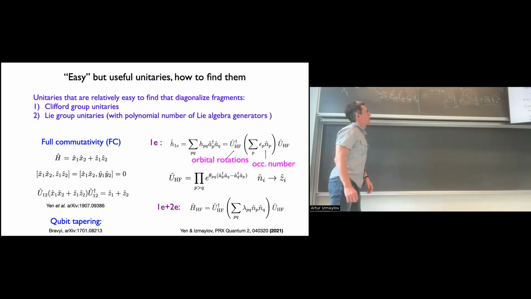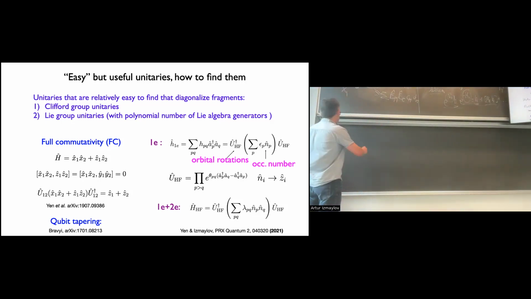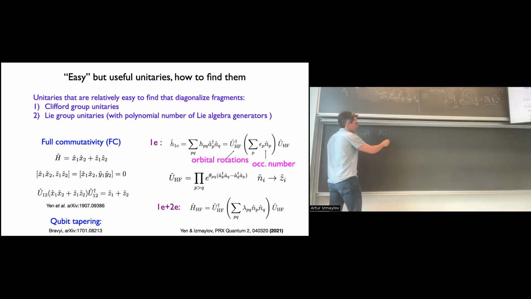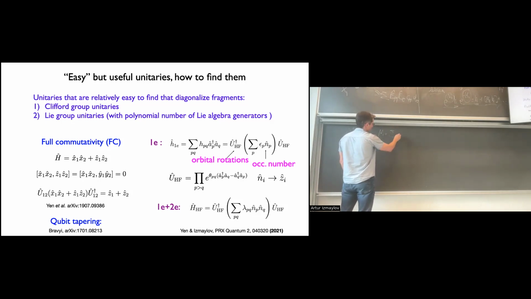A few other comments here: of course, this matrix needs to be anti-Hermitian. Otherwise e to the M is not going to be unitary, right? So this condition needs to be satisfied, but it is satisfied if we produce M from our sum with real coefficients.